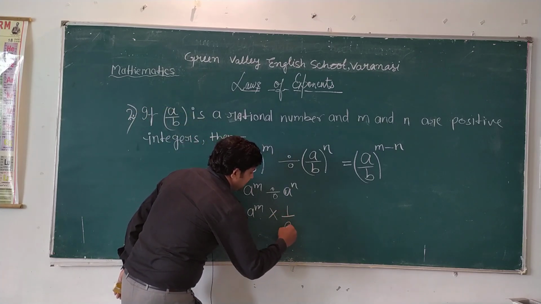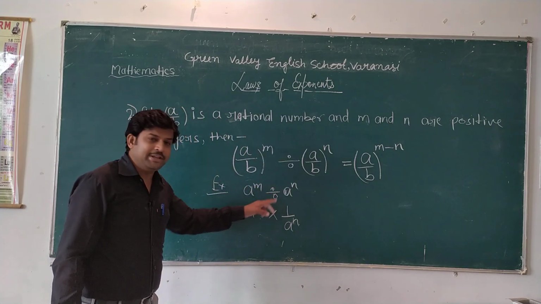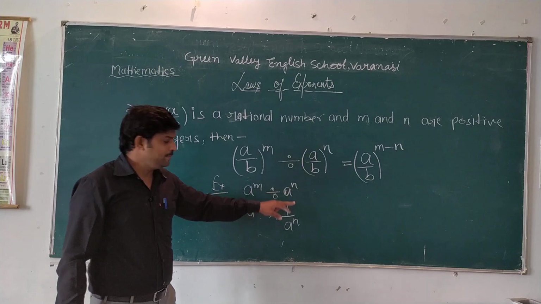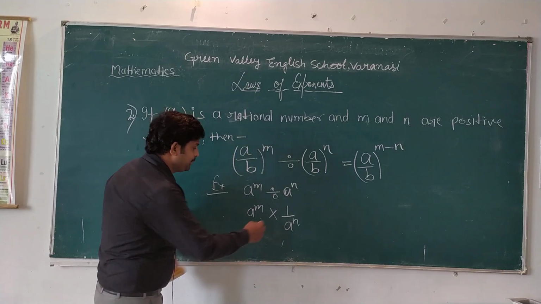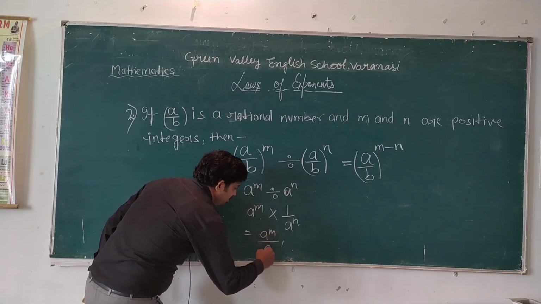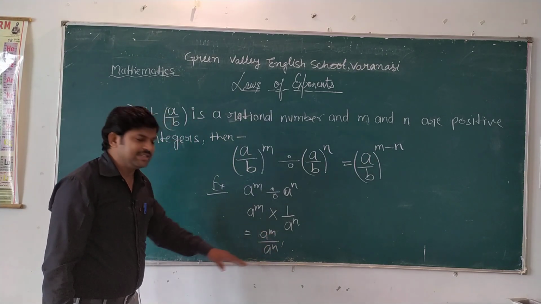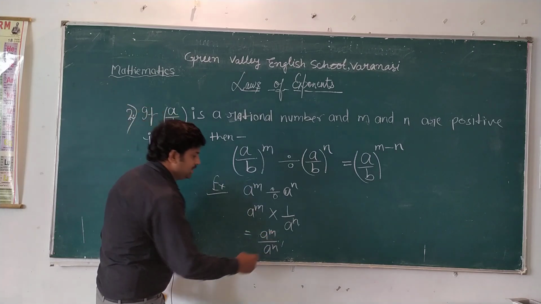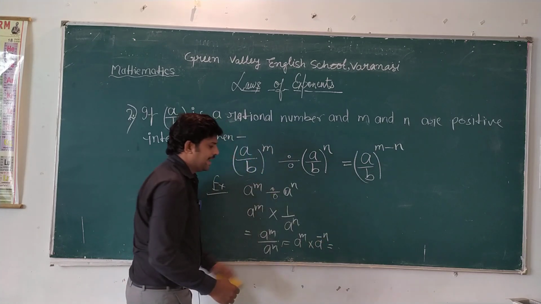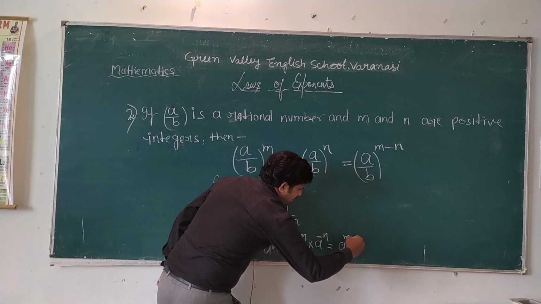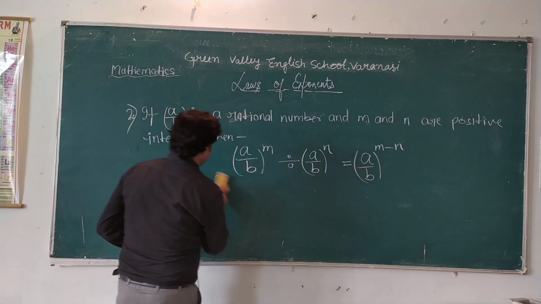When we convert division into multiplication, the divisor becomes the multiplier, but in the form of its reciprocal. Then we write a^m upon a^n. The bases are the same but the powers are different. Then we can write a^m multiplied by a^(-n). That's why a^(m-n). This is our second law.